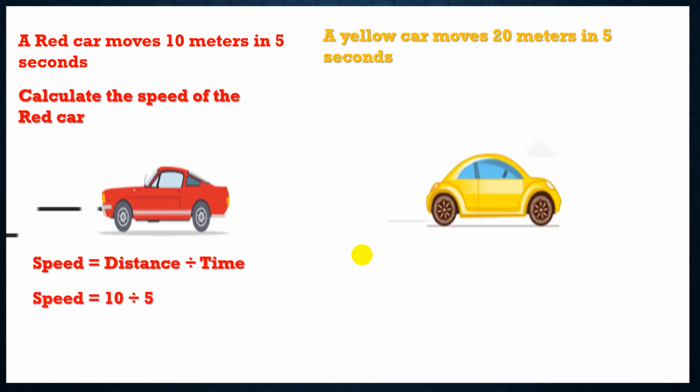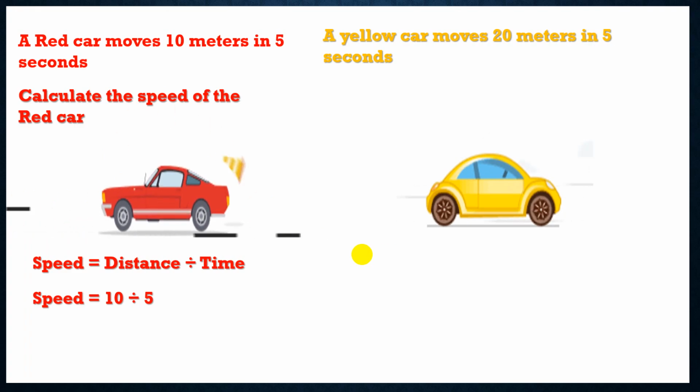Then we have to do it like speed equals 10, which is what we have here in the problem. When you tell me a red car moves 10 meters, I know meters is a distance unit. So I can write distance equals 10 meters in 5 seconds.